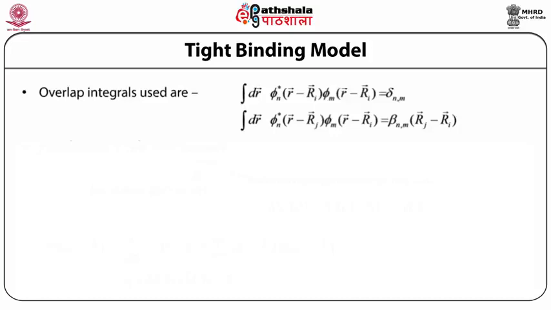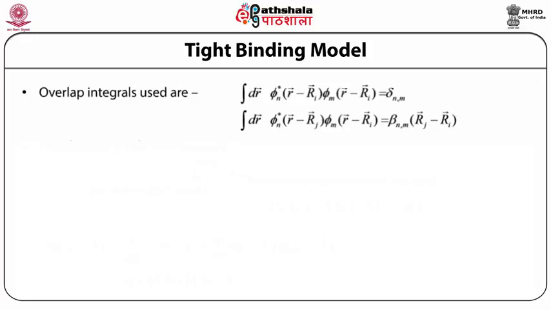Now remember that here the two indices are not the same as in the earlier case. So one is i, the other is j. This leads to β_nm(R_j − R_i). To compute the expectation value of the Hamiltonian, we first evaluate H φ_m, splitting it in two parts, an atomic part at site R_i and the rest of the potential.